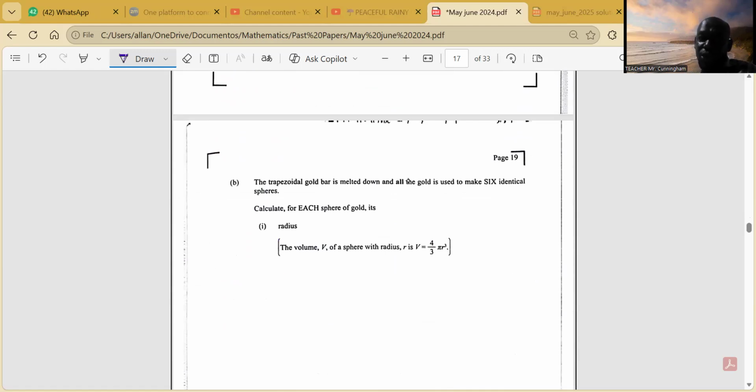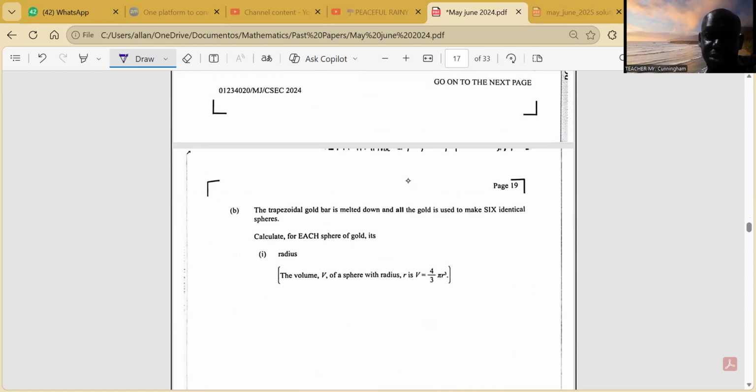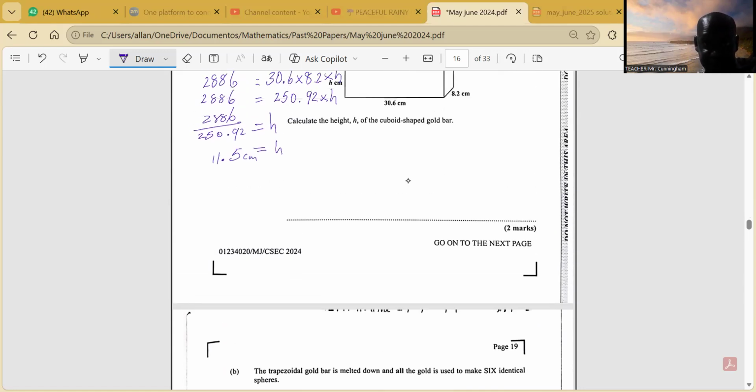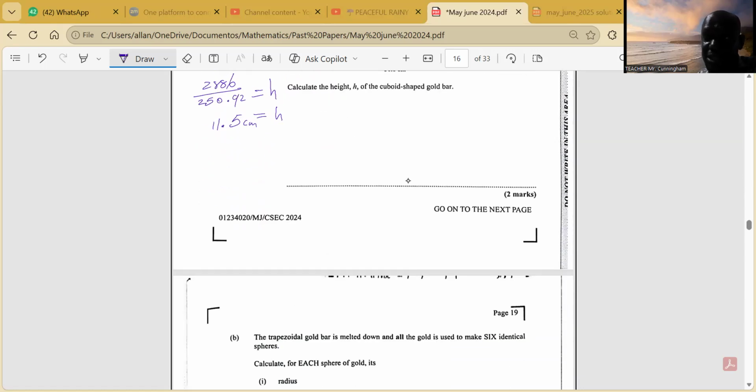The trapezoidal gold bar is melted down and all the gold is used to make 6 identical spheres. Calculate... So the gold bar is melted down, but the volume does not change. So we know the volume was 2,886.